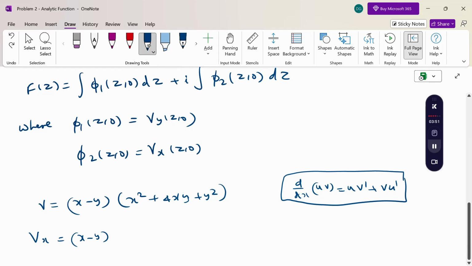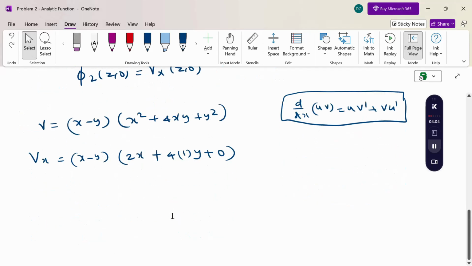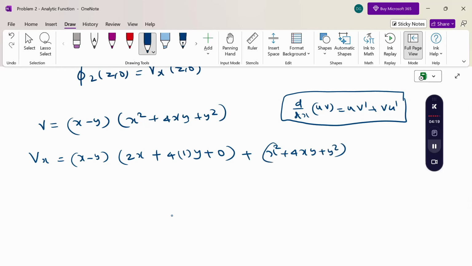Therefore, x square differentiation is 2x, 4xy gives 4y, plus 0. Plus v into u dash, where u dash is 1 minus 0.